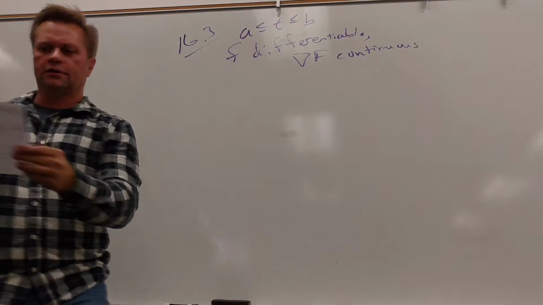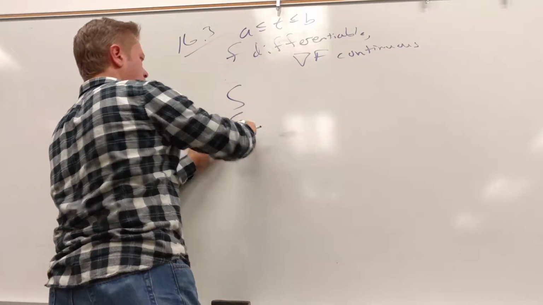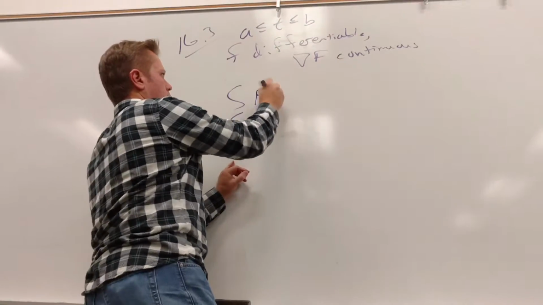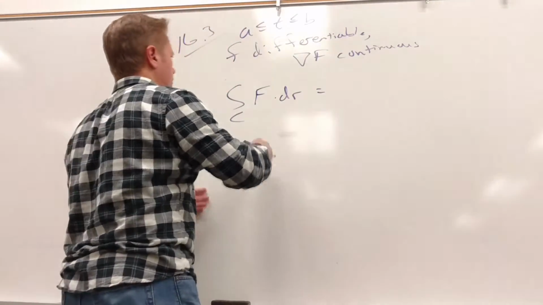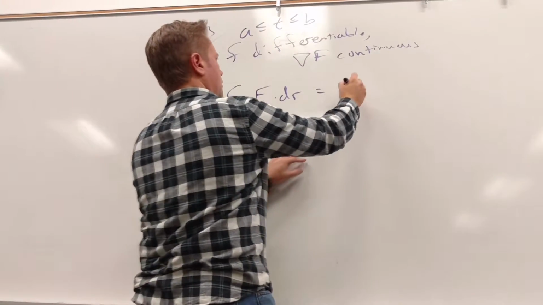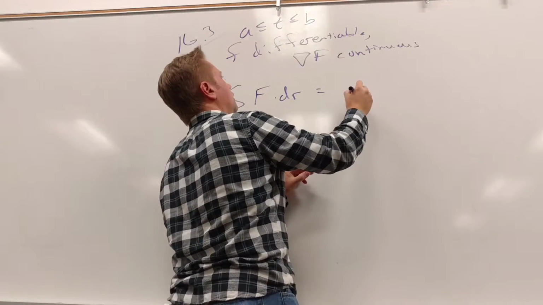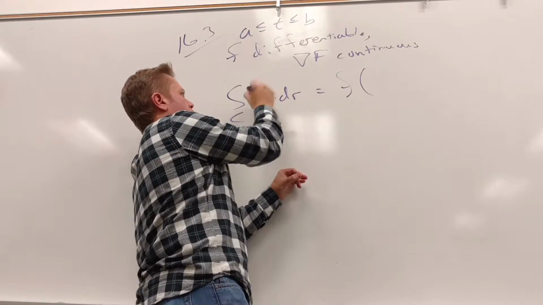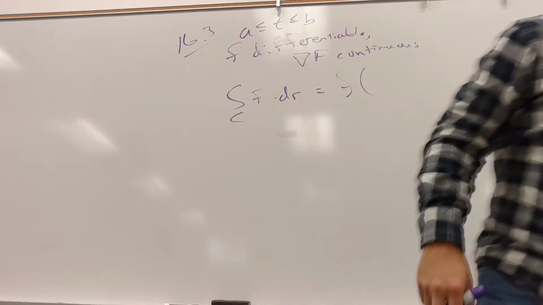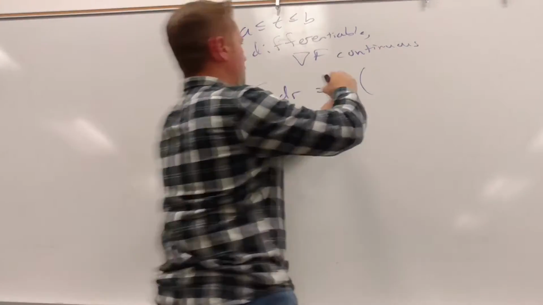So if you got all this here, the integral over some curve is equal to... little f. Which f do I want, that f or the other f? Oh yeah, I missed one step here.